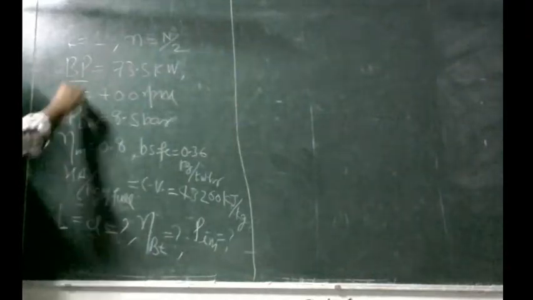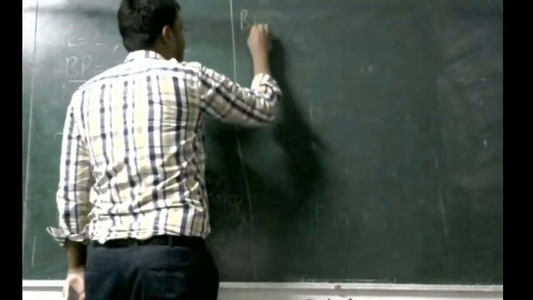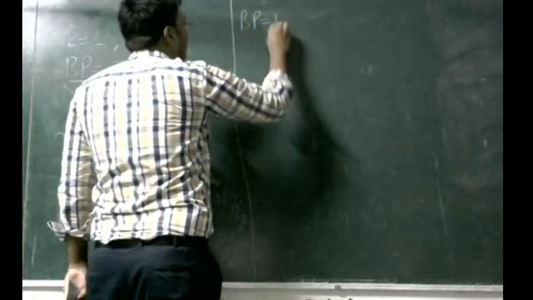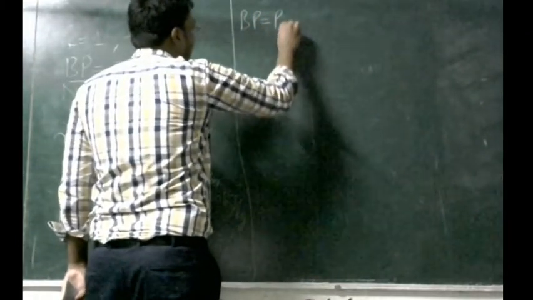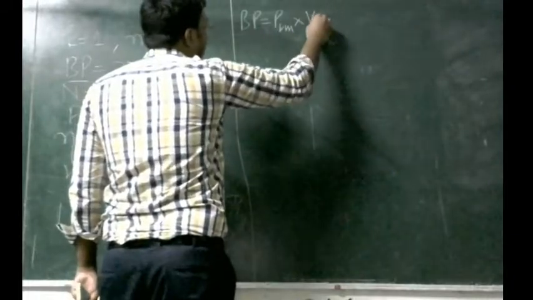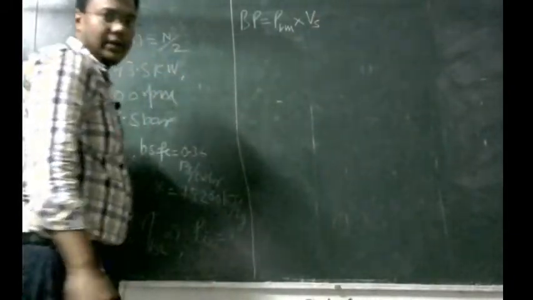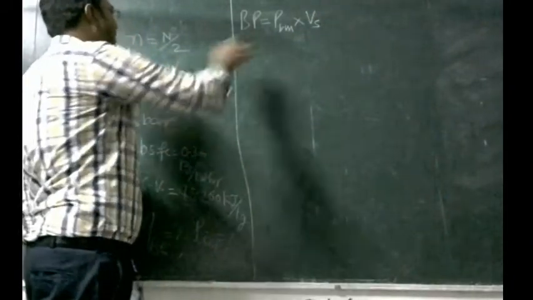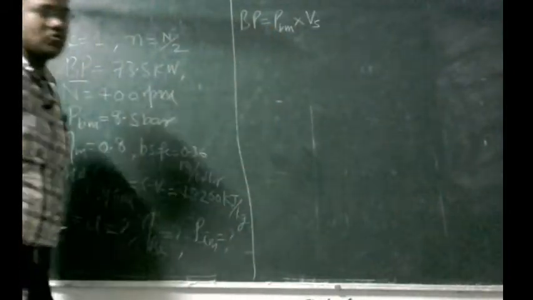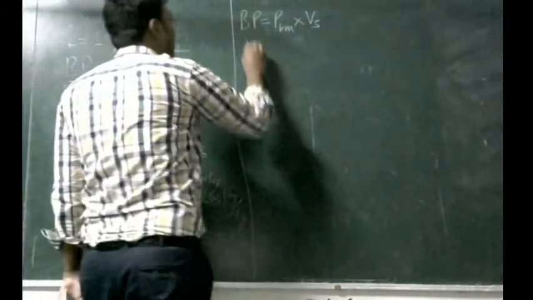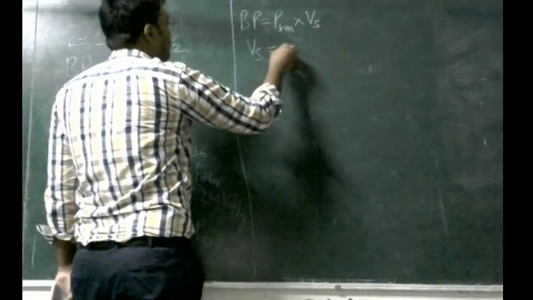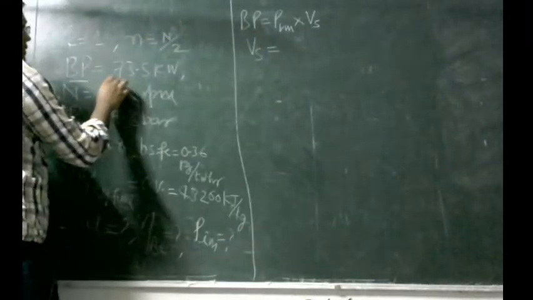Brake power is equal to brake mean effective pressure into Vs. Brake power and brake mean effective pressure are given in the question, so we can calculate the value of Vs.